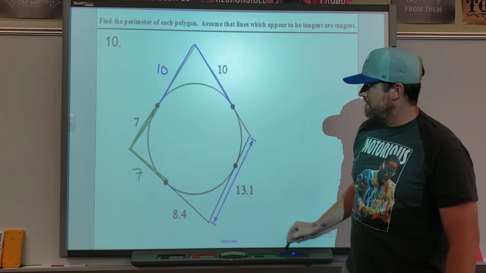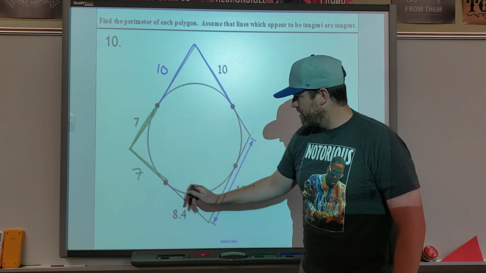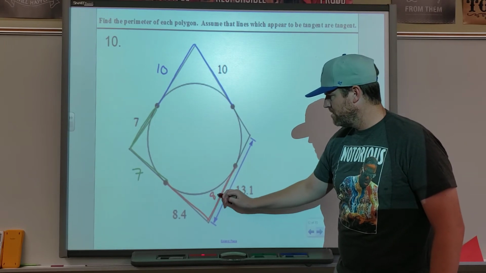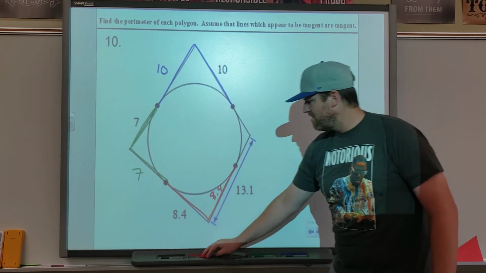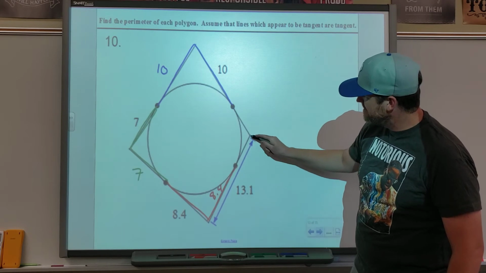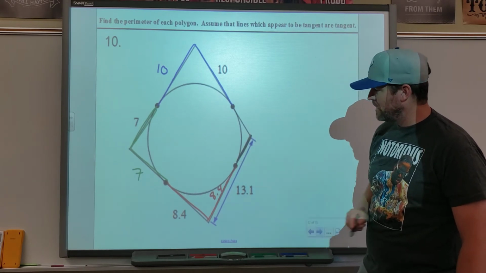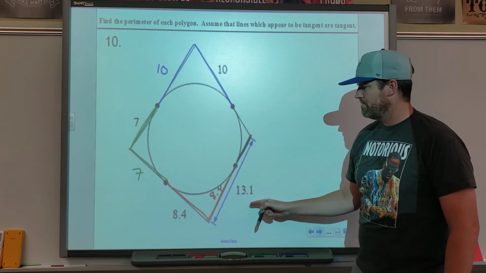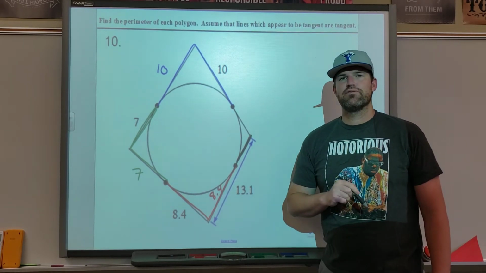And then I've got 8.4, which means this one is 8.4. So now how long is this segment here? I know that the full length is 13.1. I know that this part is 8.4.